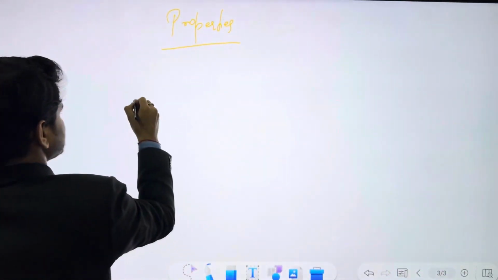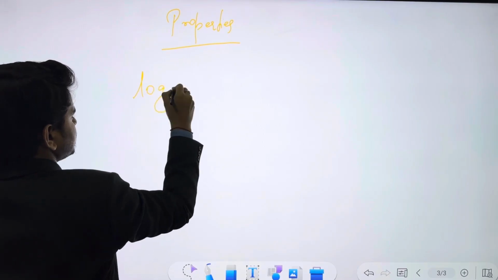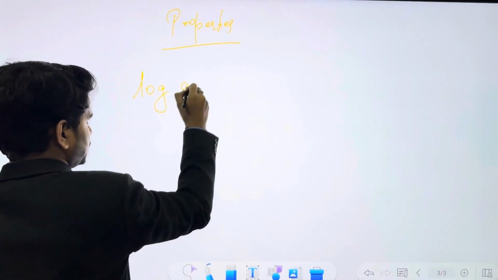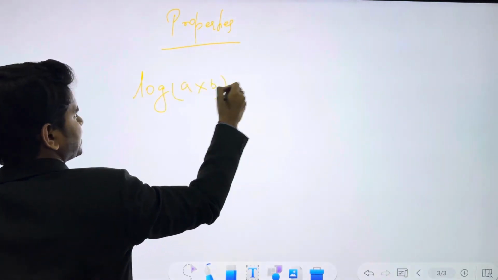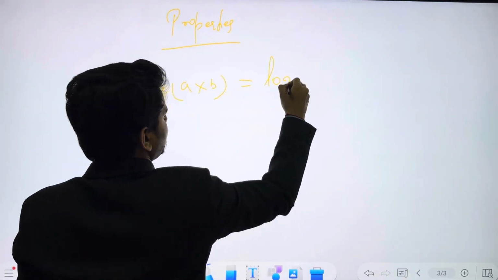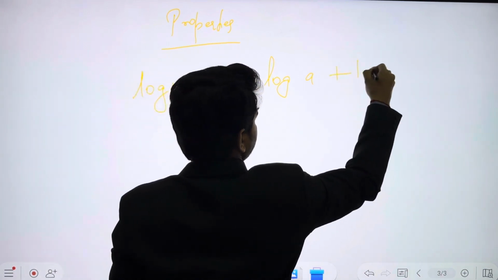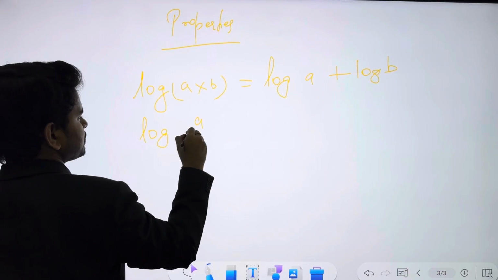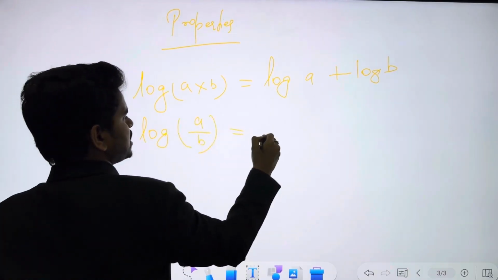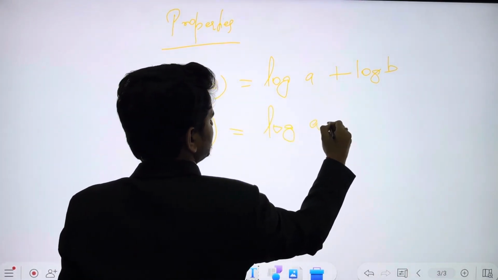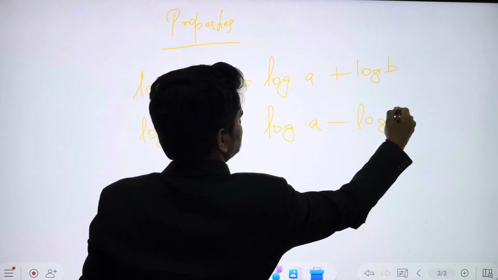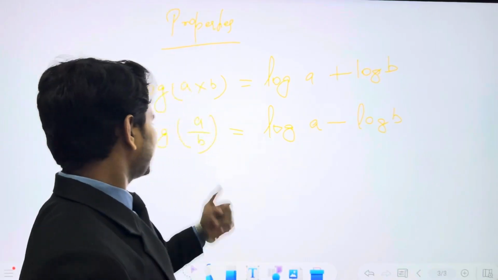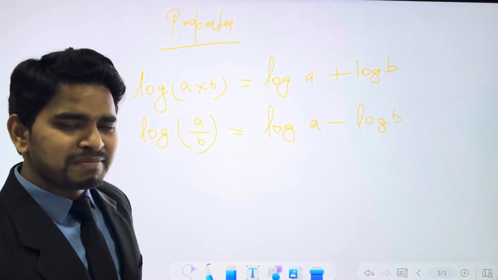The first property is log of A into B. This can be written as log A plus log B. You can have log of A by B, and this can be written as log A minus log B. Somehow these two properties are similar only. A by B is basically A into B to the power minus 1, and this can be written as log A minus log B.